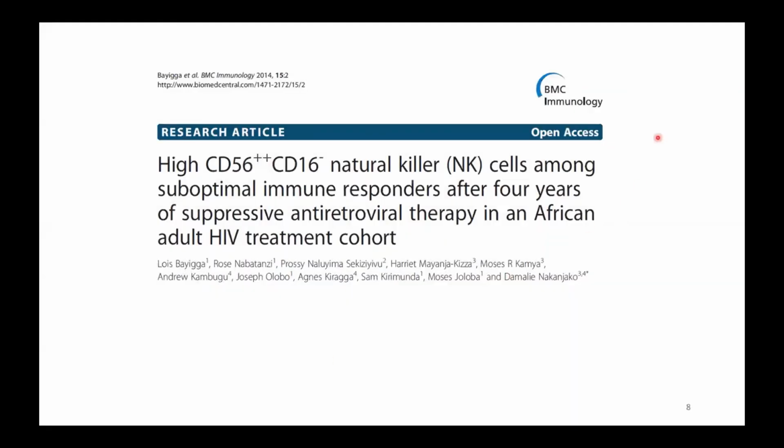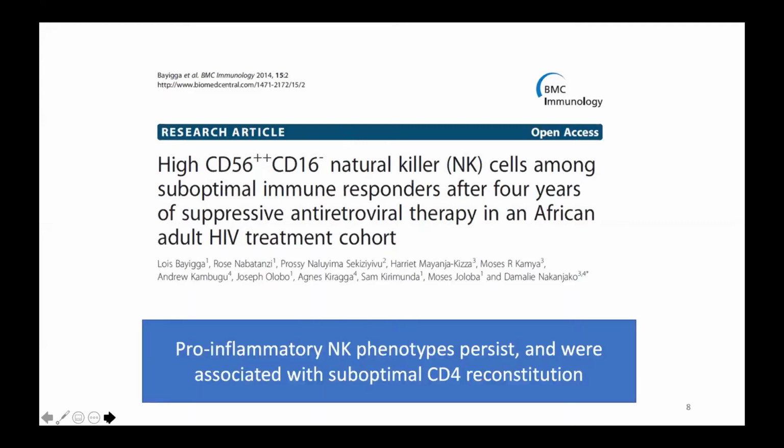And this slide also highlights the fact that there were other changes in terms of cell phenotypes, specifically the natural killer cells in the population of individuals who had suboptimal immune response. They found that those individuals had an increase in these pro-inflammatory natural killer cell phenotypes.